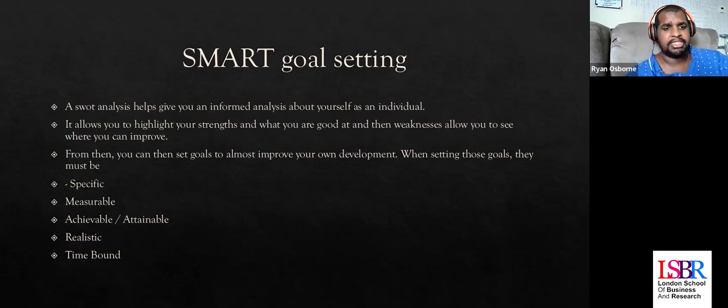Resources could be anything from finances to people, technology, education, just resources that could help you meet your goals. And again, resources could be knowledge, experience, everything that you can think of that you can use as a resource.